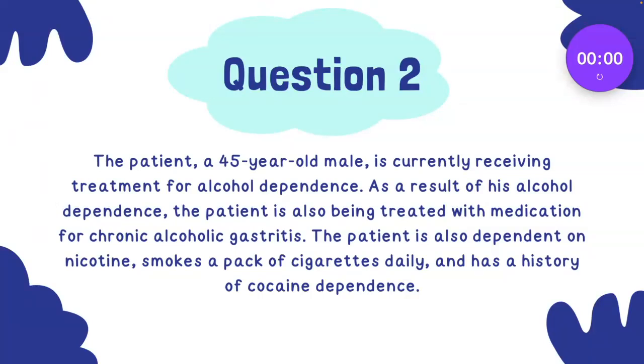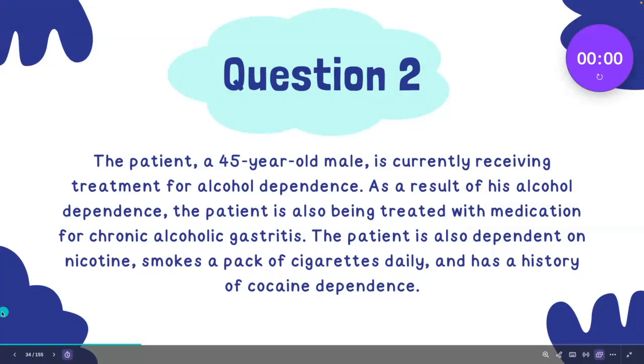Because the patient has a history of drug dependence, it is classified as in remission. So, cocaine dependence in remission. I think you guys will be able to knock this one out. So let me let you go ahead and get started.